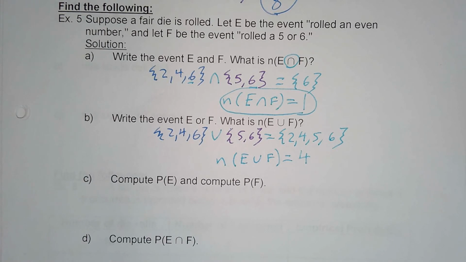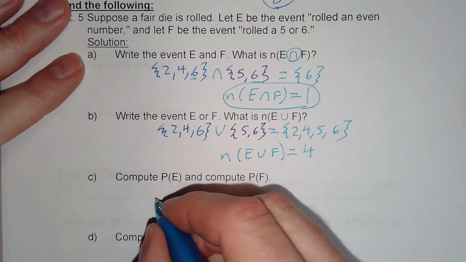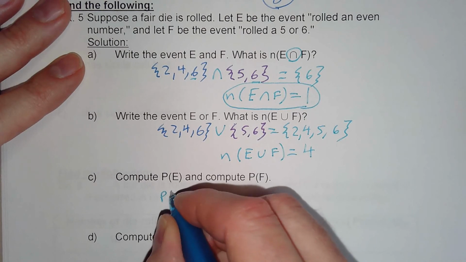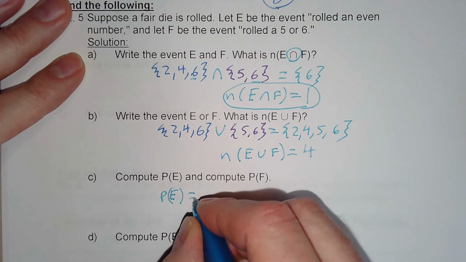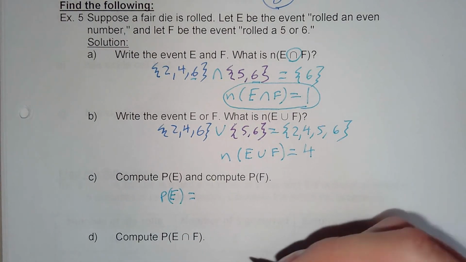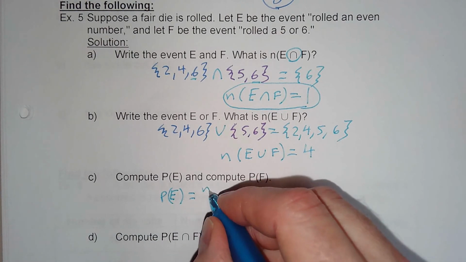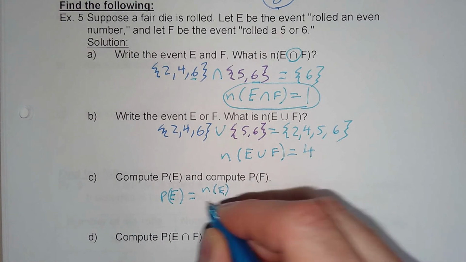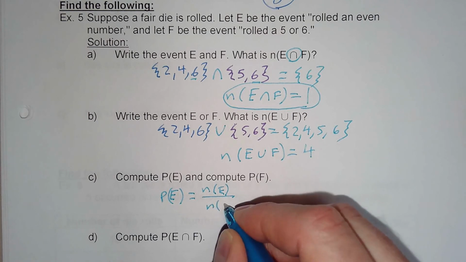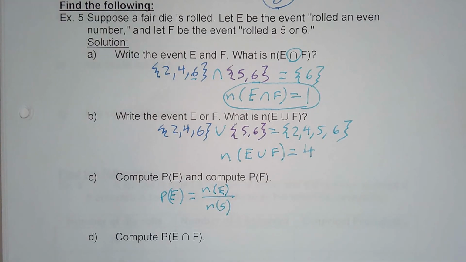Now next we want to compute P of E. So we're trying to compute the probability of E. So that's the number of ways that E can happen over the number of ways in the total of our sample space.